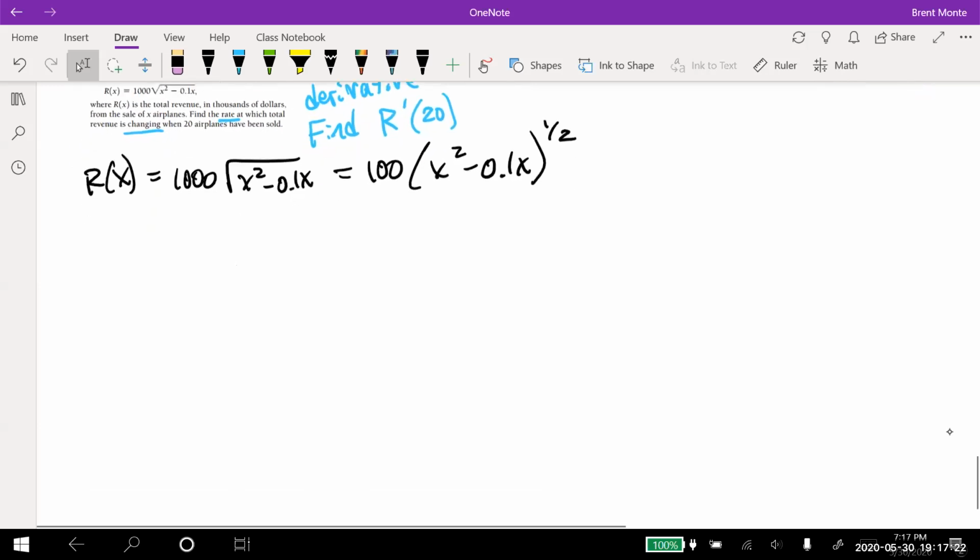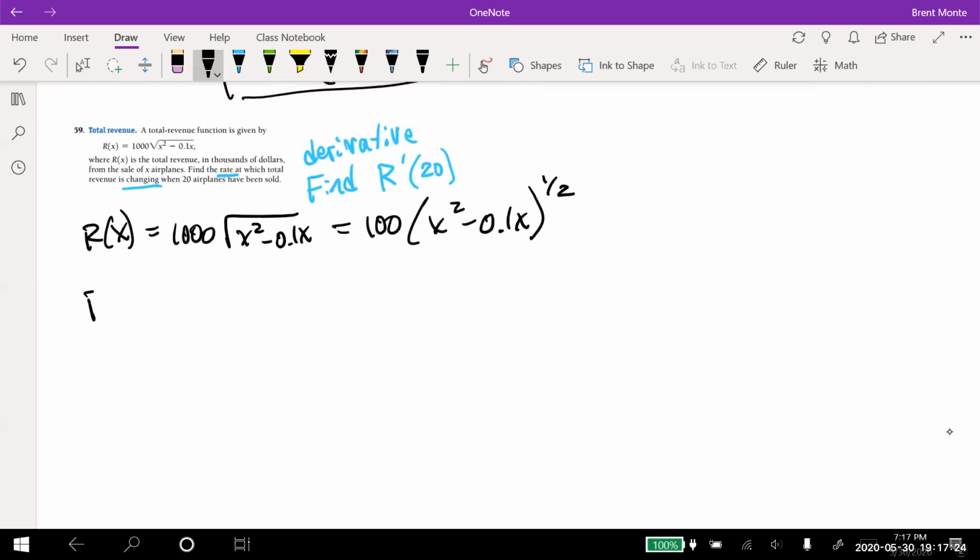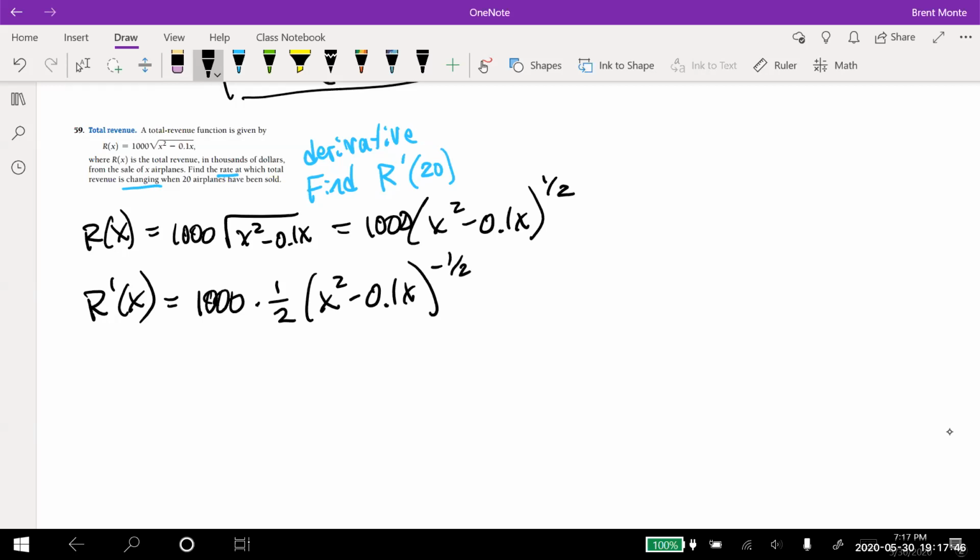I want to find the derivative, R prime. Now that constant multiple, it stays. Sorry, I wrote it as 100. So that stays times, oops. Then I use the power rule to bring that 1/2 down. 1/2 (x squared minus 0.1x) to the negative 1/2 because I subtract 1 from the exponent. But I haven't done anything with that inside function yet.